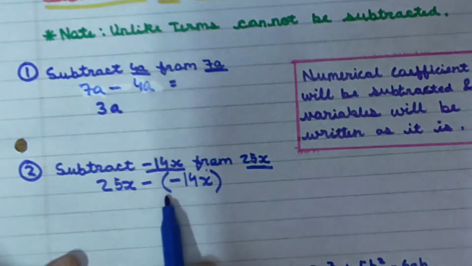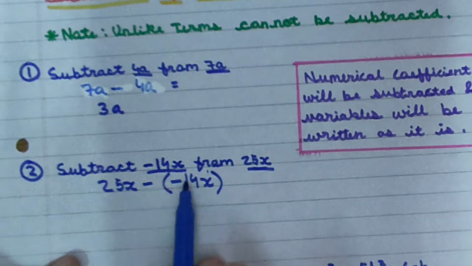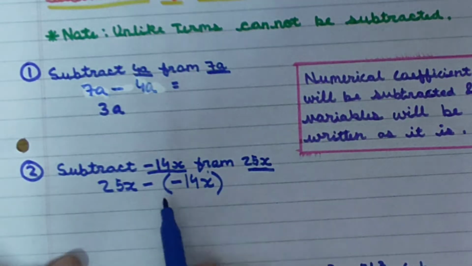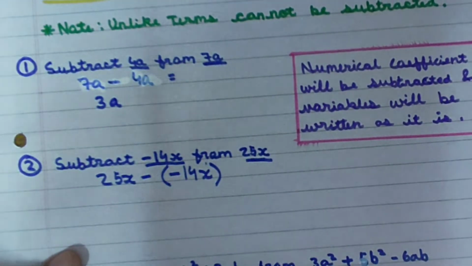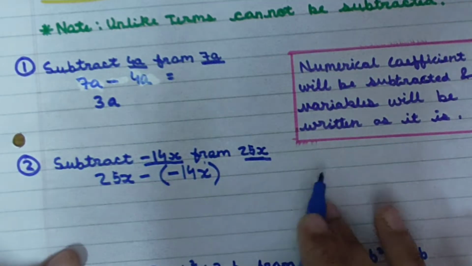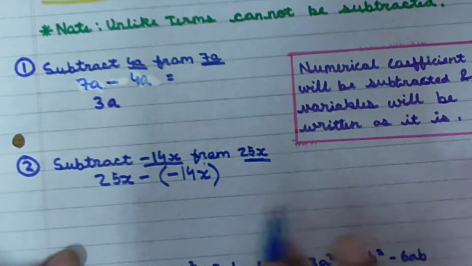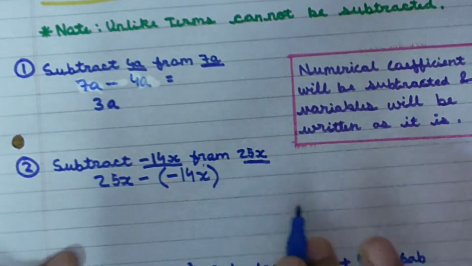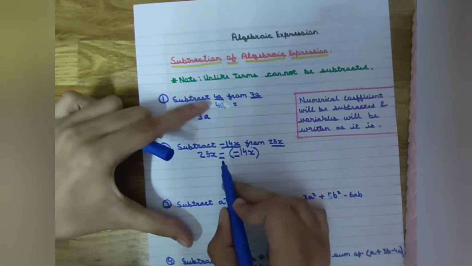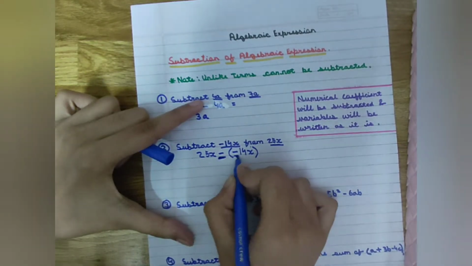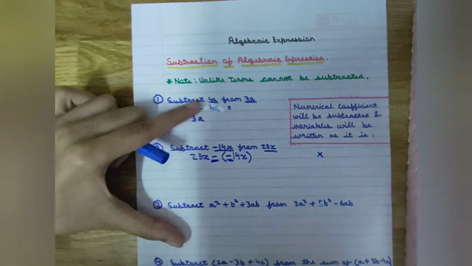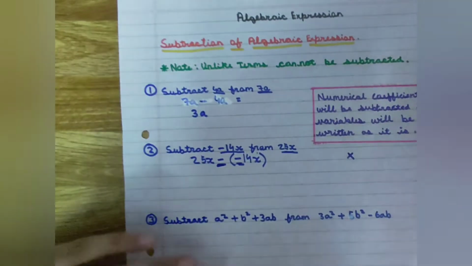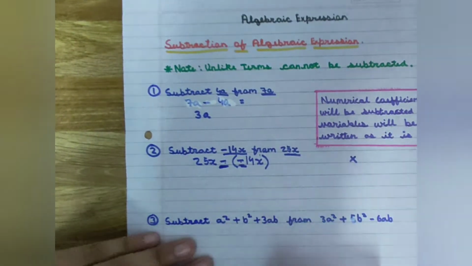We are putting a bracket here because there are two signs, so to make it clearer we will put a bracket. Now we have to follow the rules of integers: minus minus equals plus, plus minus equals minus, plus plus equals plus, and minus plus equals minus. Whenever there's a bracket it means multiplication, so minus minus becomes plus.